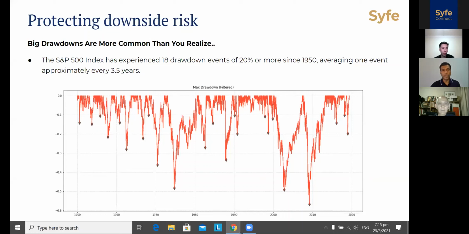Approximately every 3.5 years, you have a drawdown of more than 20%. And as I mentioned earlier, most investors tend to be risk averse. So if you go through such turmoil, there is a high likelihood that you try to time the market, get in and out. And typically you get out at the worst time, but by the time you try to come back in, you've sort of missed the party.